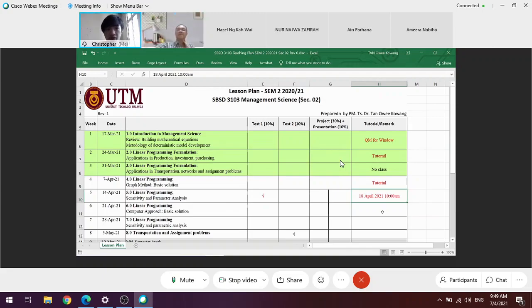Sunday pukul berapa? Pagi ada kelas, 10 hingga 12. Lepas pukul 12 tak ada kelas. Okey, kalau macam ni katakan kita kalau pukul 2 okey kan? Ada siapa lagi yang pukul 2 ada kelas?